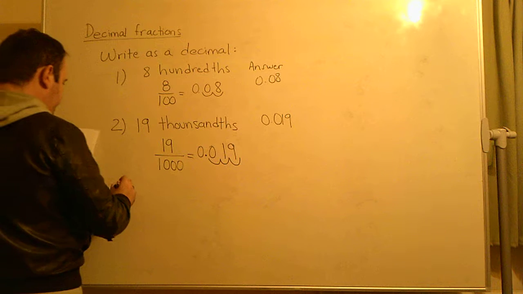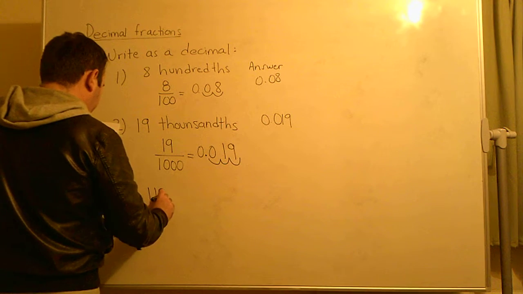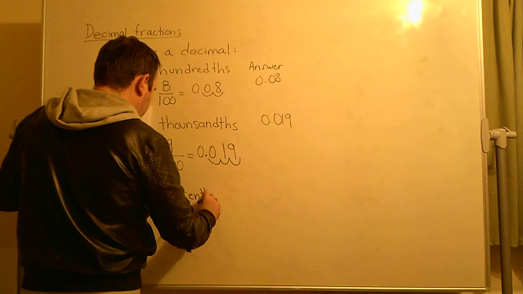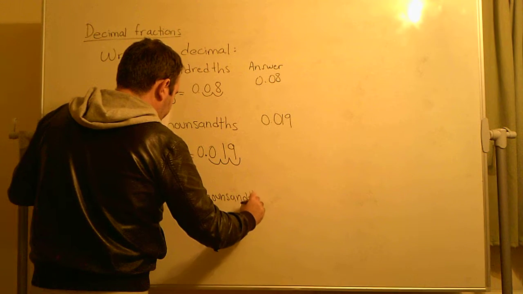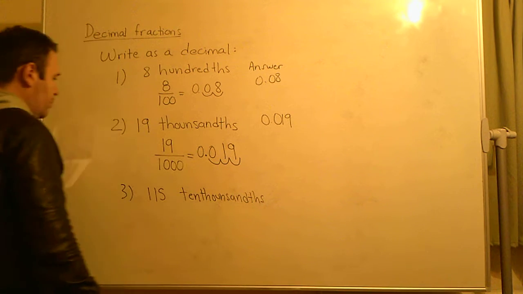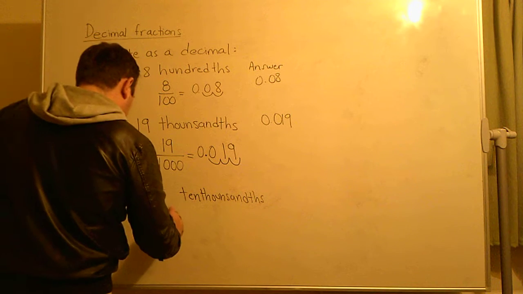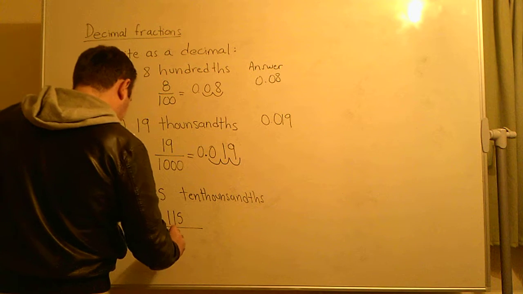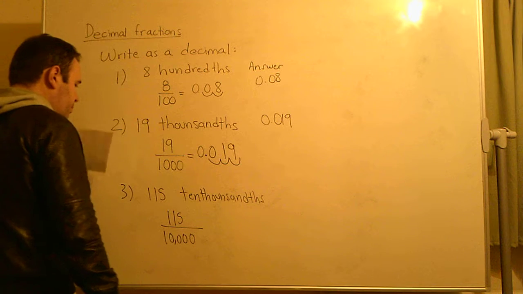Another example. 115 ten-thousandths. So we take 115 and we divide it by 10,000.